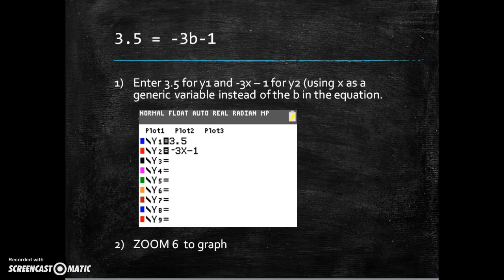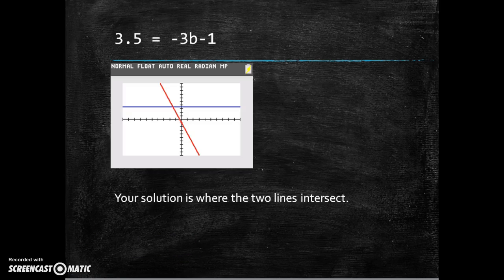And then where it says y1, I want you to enter in 3.5, like you see right here. And then where it says y sub 2, I want you to enter in negative, not minus, negative 3x minus 1. Now remember, we changed the window for the last problem, so I want you to hit zoom 6 and that will graph you automatically. Do that for me if you would, please.